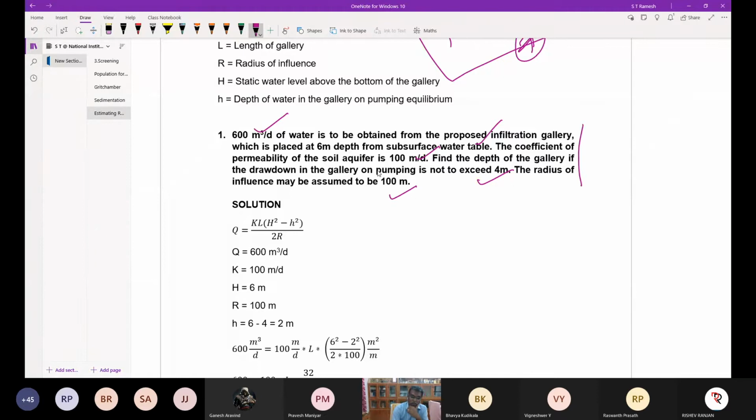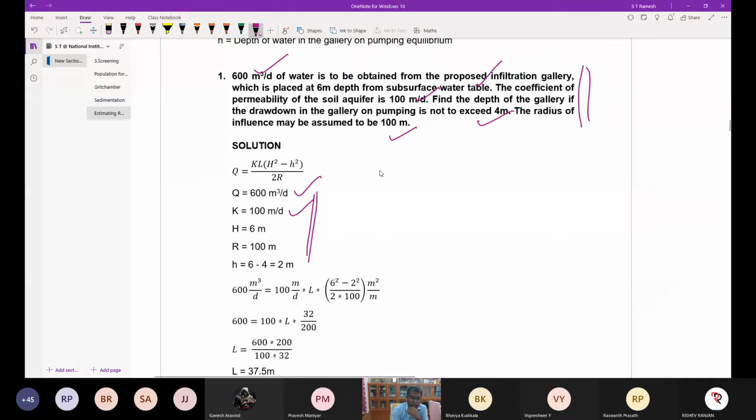So you should be in a position to read out the problem and convert it into the required notations. Q has been mentioned as 600 meter cube per day, the coefficient of permeability is 100 meter per day, and capital H is given as 6 meter. The radius of influence is 100 meters.